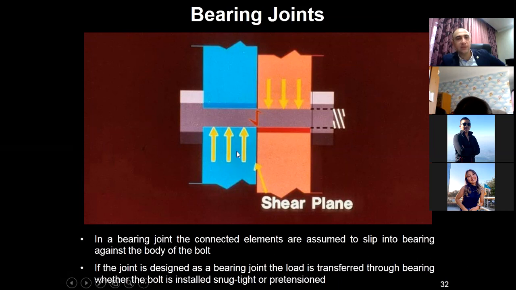You see the direction of the forces acting on the bolts in opposite sides of the center of the bolt. So this joint is designed as a bearing joint. The load is transferred through bearing with the bolts installed snug tight or pretensioned.